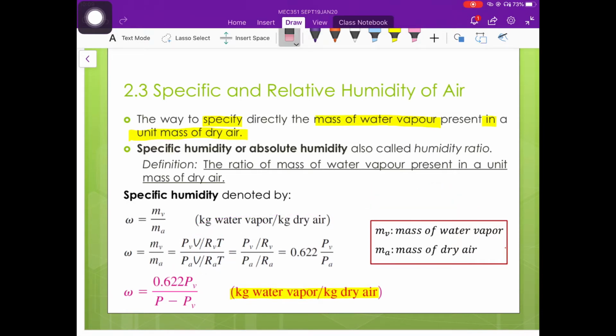Please note that whatever property with the subscript V is representing the property for the water vapor, and the properties with subscript A are going to represent the property for the dry air.